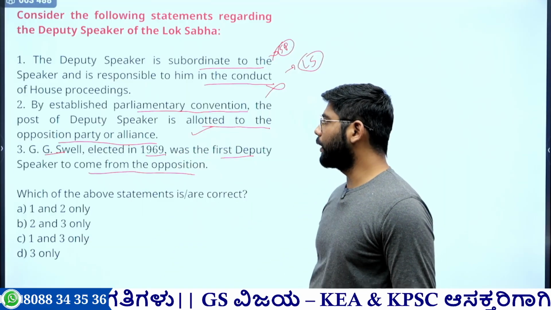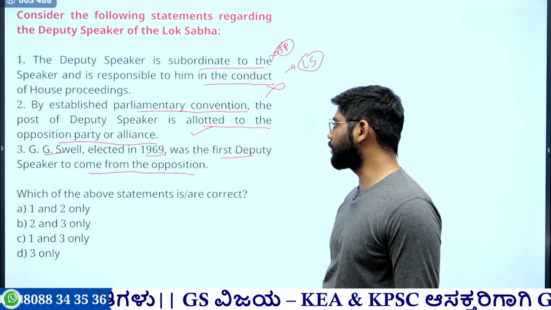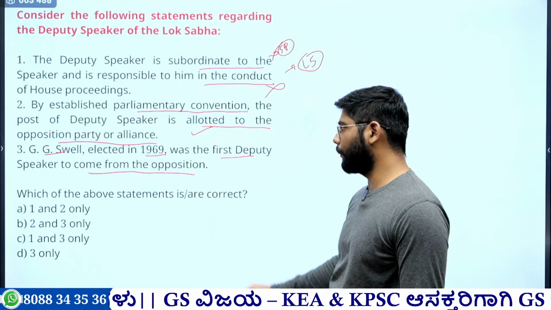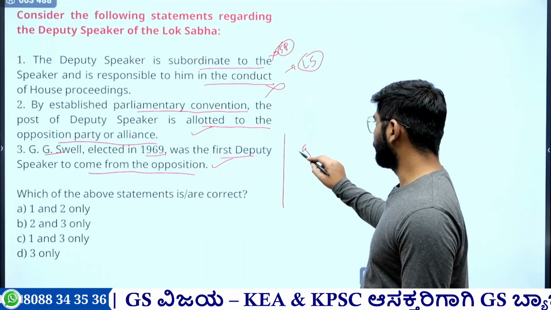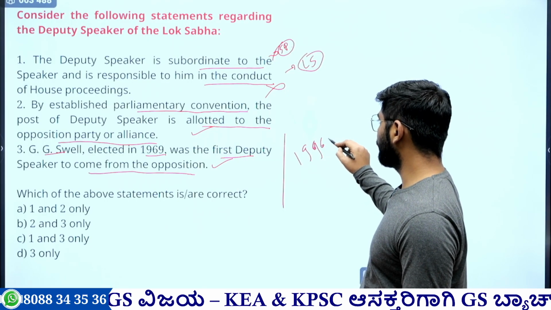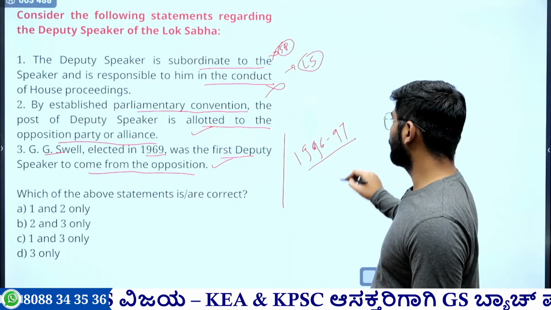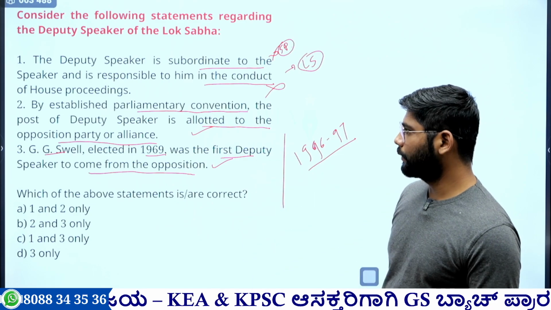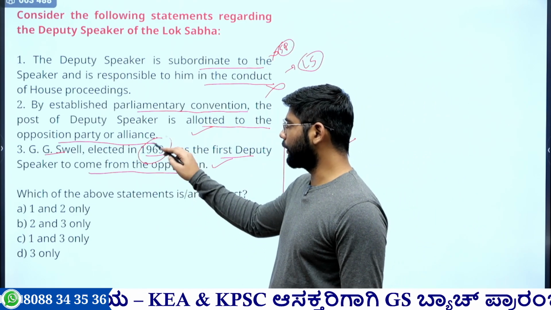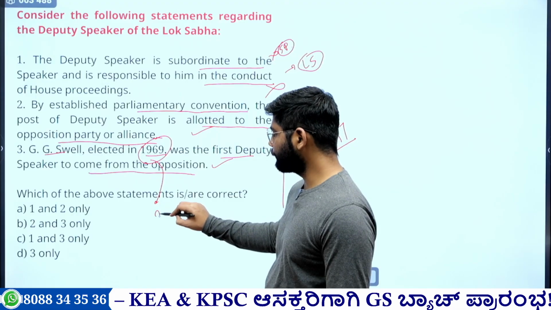Third one, G.G. Swell, elected in 1969, was the first Deputy Speaker to come from the opposition. Yes. Now, there is a fact: Lakshmikant has mentioned the first time the post of Deputy Speaker was given to the opposition as 96-97, but it was done in 1969 in the third Lok Sabha.